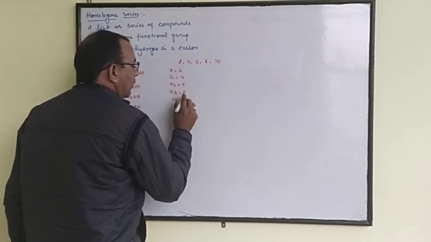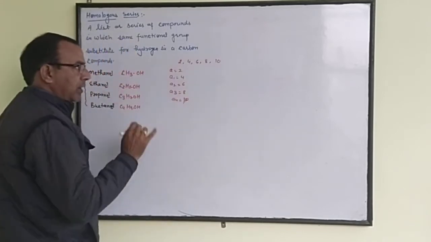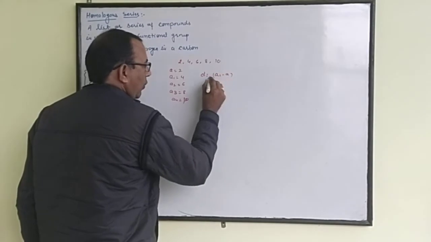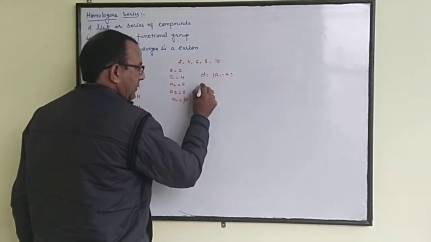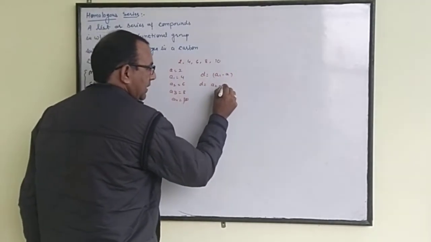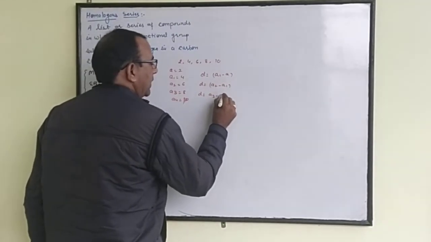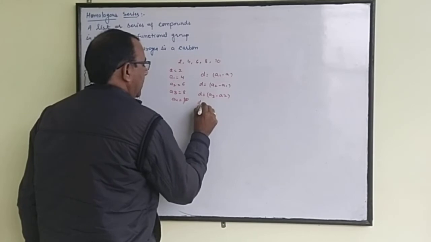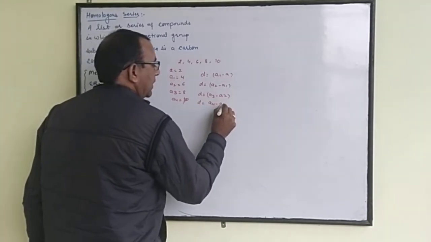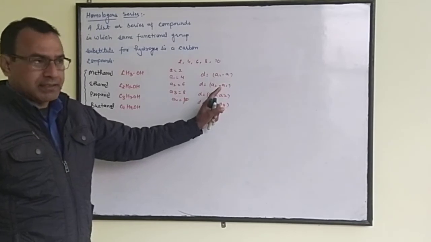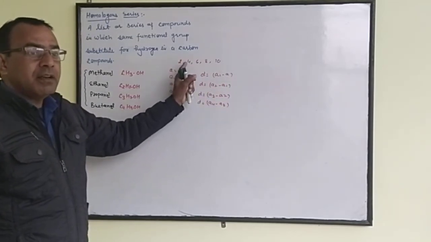How can we calculate the common difference? Common difference D is equal to A2 minus A1, then A3 minus A2, and then A4 minus A3. If they have the same common difference, then we can say that this statement is in AP.